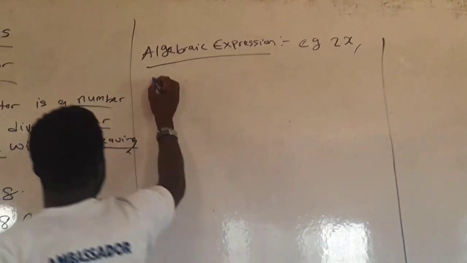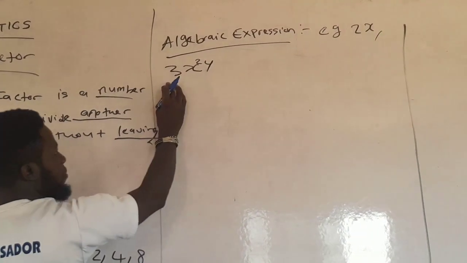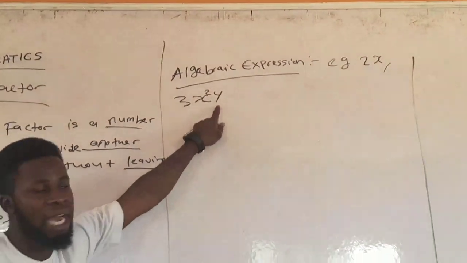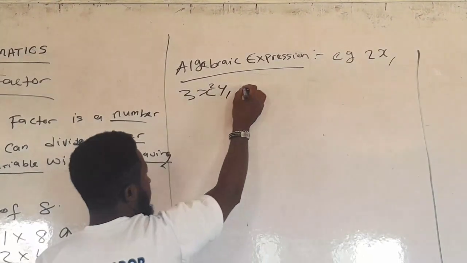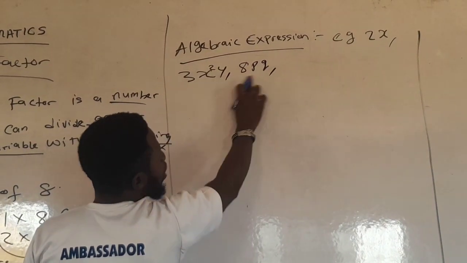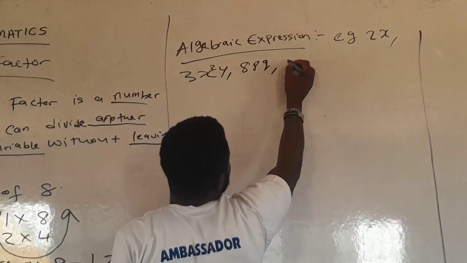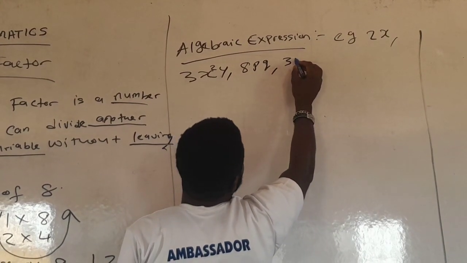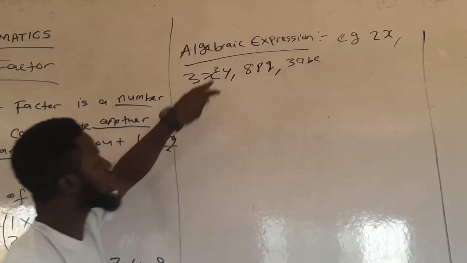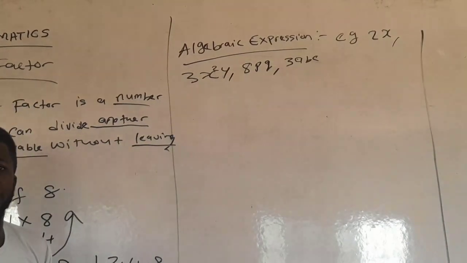You can have 3x squared y, a coefficient and what? Two variables. We have x squared, we have x. You can have 8pq. You can see coefficients and the variables. Then let's say we have 3abc. It's still an expression. So what we are saying is, in an expression you don't have what we call equality sign.